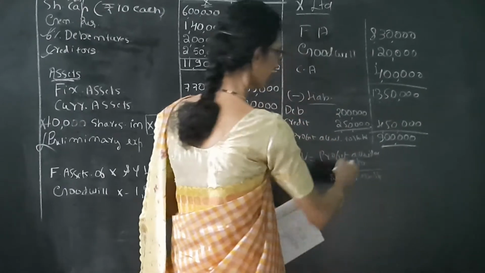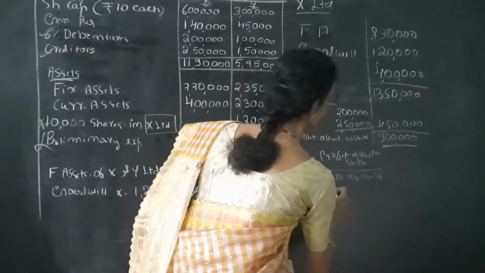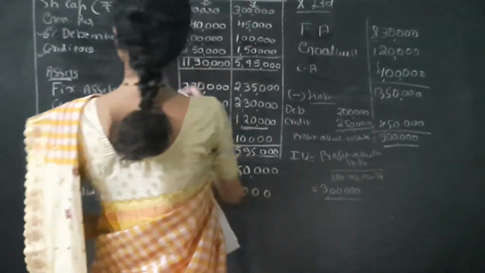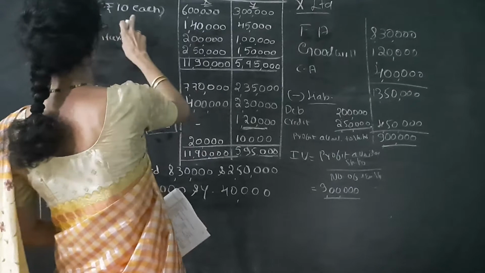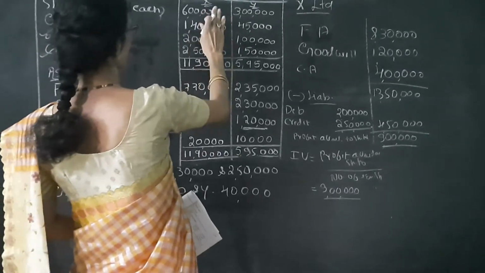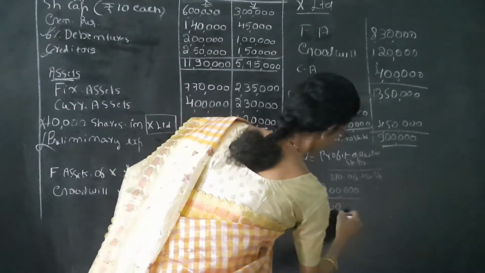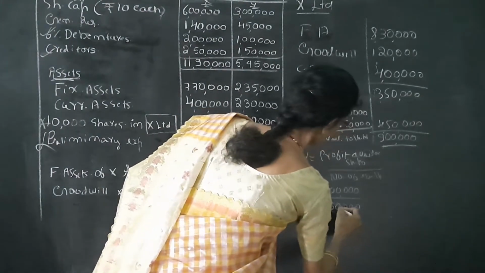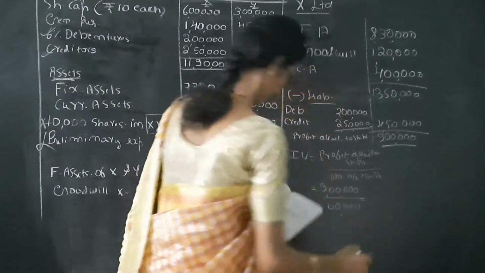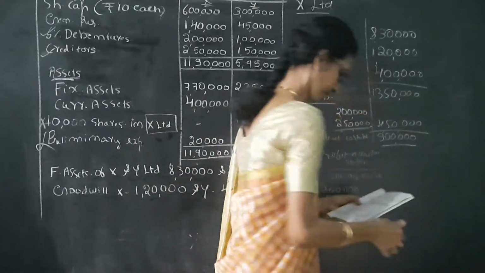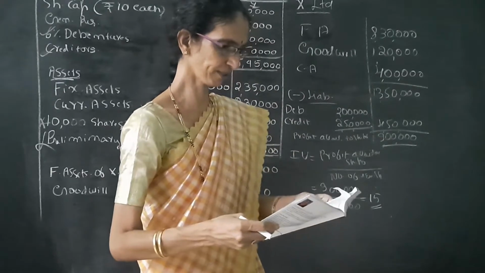Profit available to shareholder is 9 lakh divided by number of equity shares. See here, share capital of rupees 10 each. So 6 lakh divided by 10 means 60,000. So we get 15 rupees.